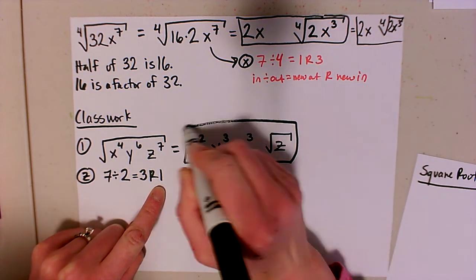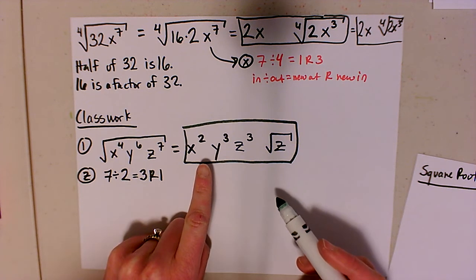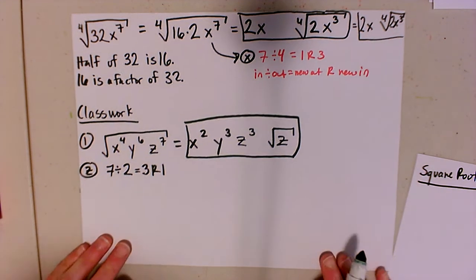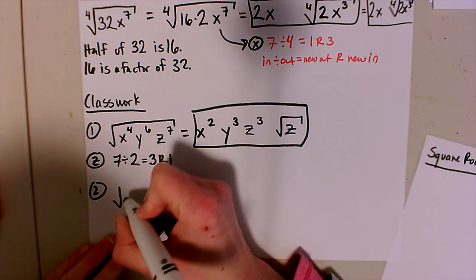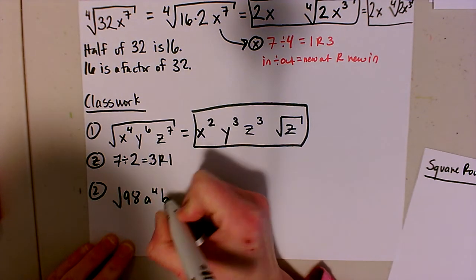So this is your entire answer. You need everything on the outside that you were able to evaluate perfectly, and then your leftovers on the inside.